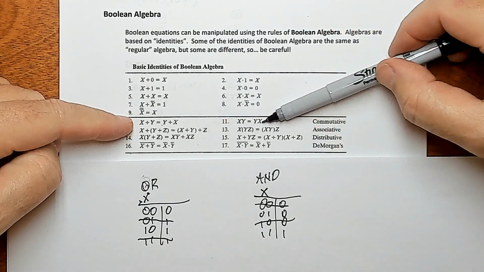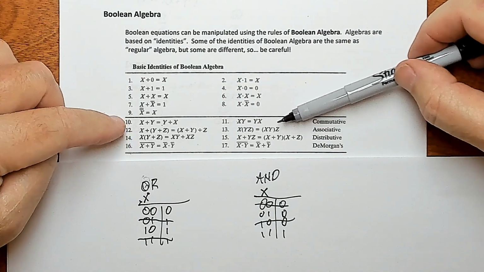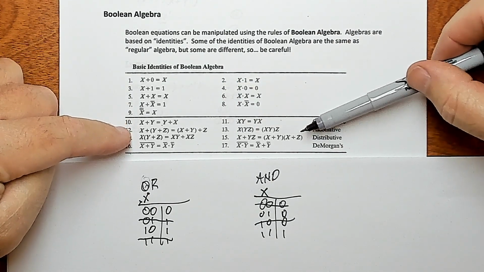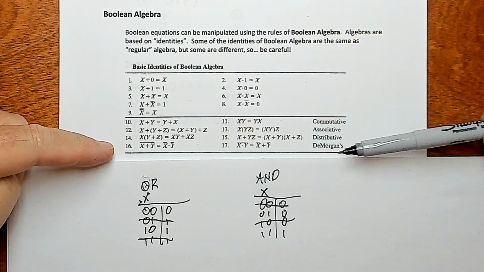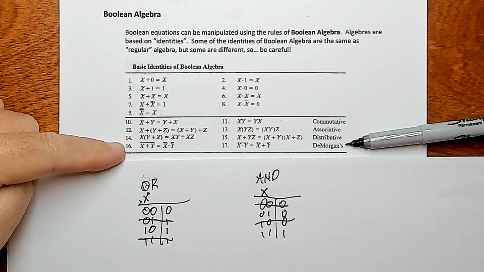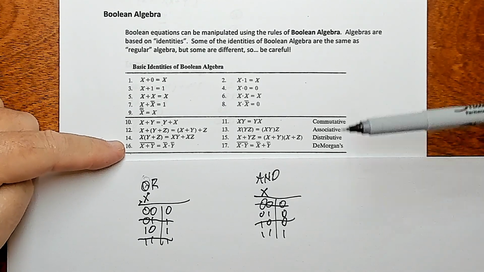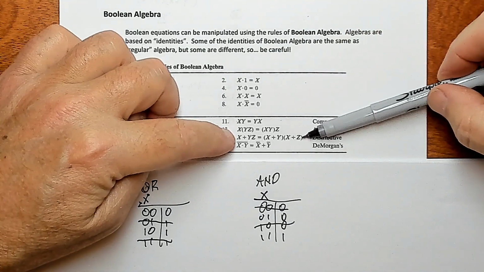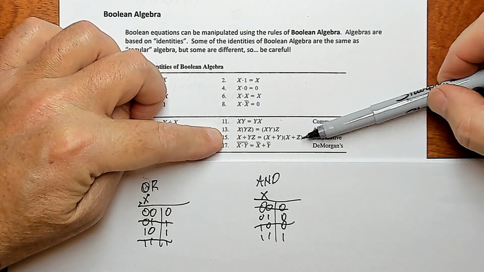There's commutative, so you can flip x and y around. There's associative. Then the three that are kind of unique are the two versions of De Morgan's, which we're going to see later. Those are unique to Boolean algebra. And then there's this version of distributive, identity 15. It's a little bit weird.